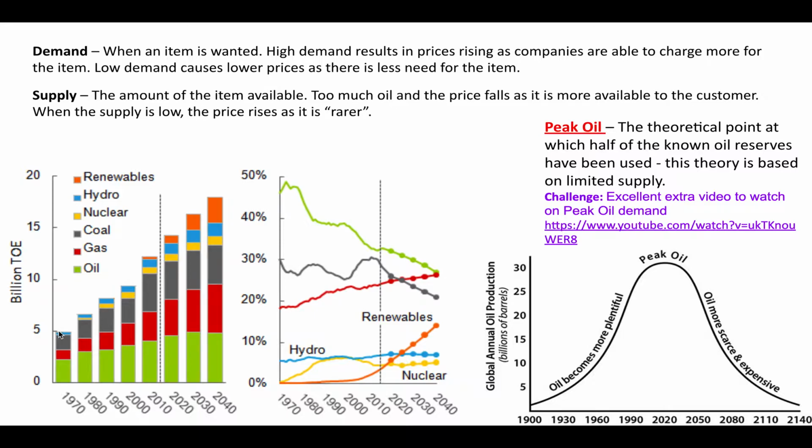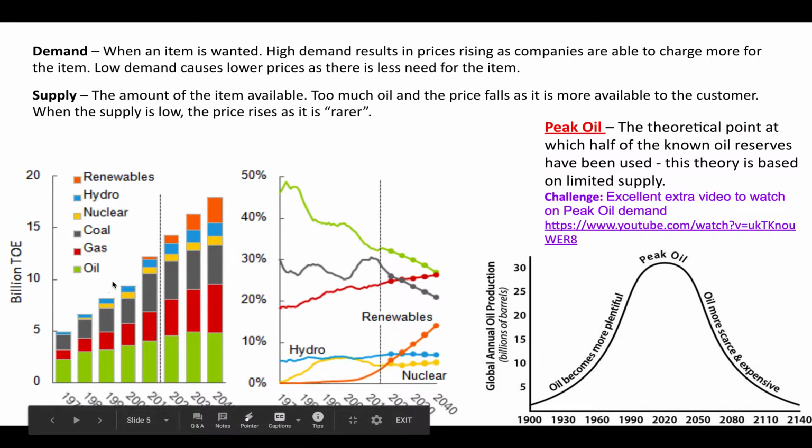So what we see in this graph is pretty similar. Overall, the amount of energy we're using over time is going up, and in the future, it is projected or predicted to continue to increase in terms of our overall demand. But what makes up each of these individual bars at different points in time, where we get our energy from, does change.